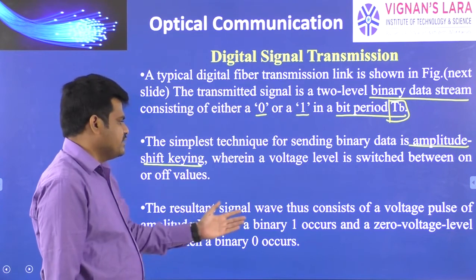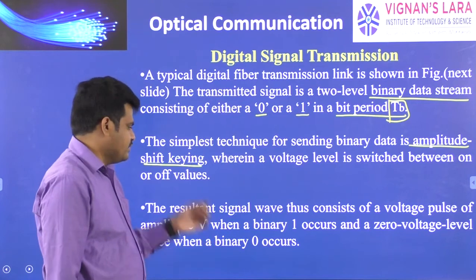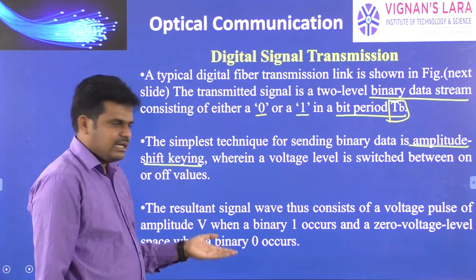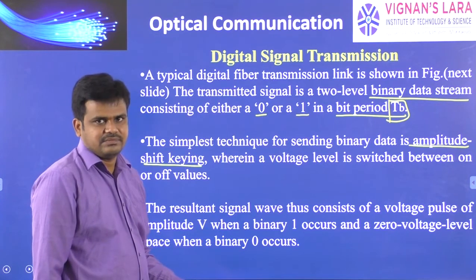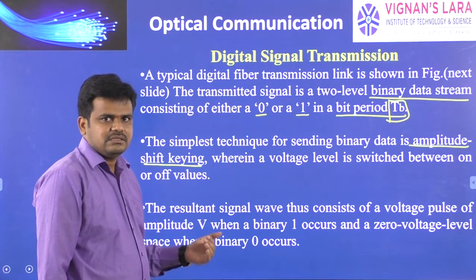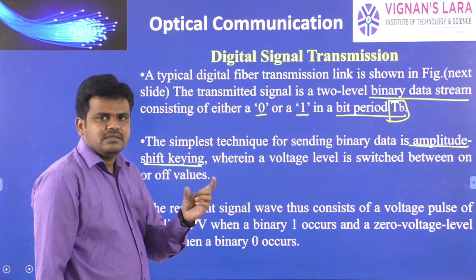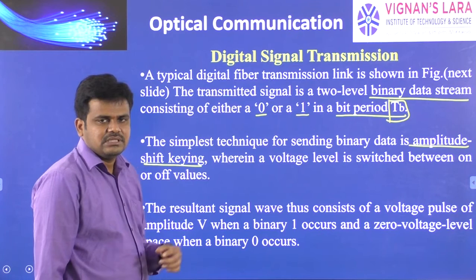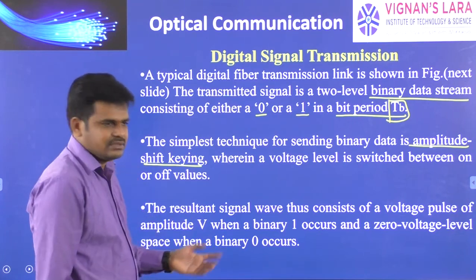The resultant signal consists of a voltage pulse of amplitude V when a binary 1 occurs, and a zero voltage level when a binary 0 occurs. So voltage occurs when bit 1 is received, and no voltage occurs when bit 0 is received.